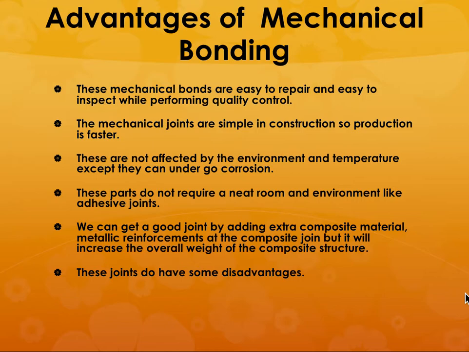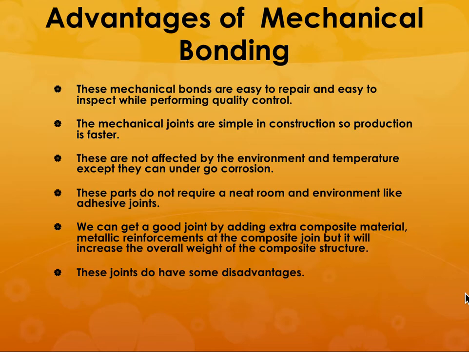Mechanical bonding, there are some advantages, like it is very easy to repair and easy to inspect for quality control. They are simple in construction, so production is faster, and it is not typically affected by environment and temperature, except that if it is multi-materials, it can undergo corrosion, which is not always a good thing.